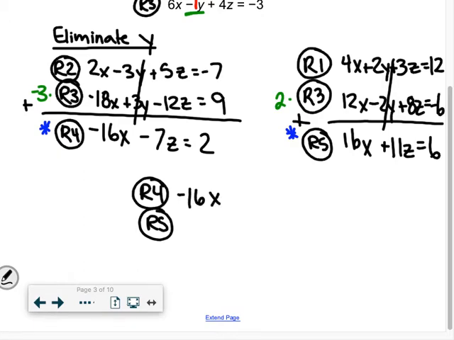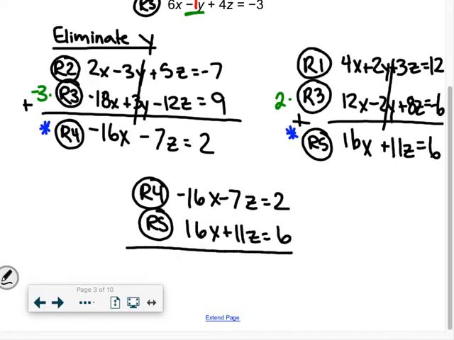Negative 16x minus 7z equals 2. 16x plus 11z equals 6. If nothing matched, I would multiply one equation by some number. In this case, when I stack and add, I'll get what? 4z equals 8. So z equals 2.